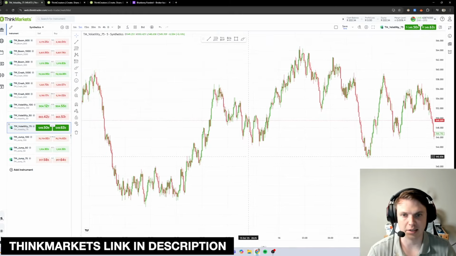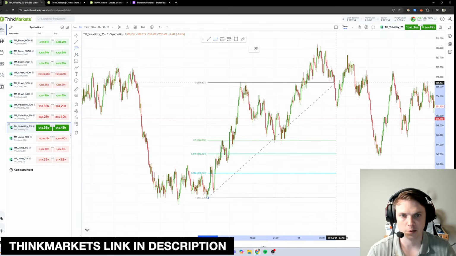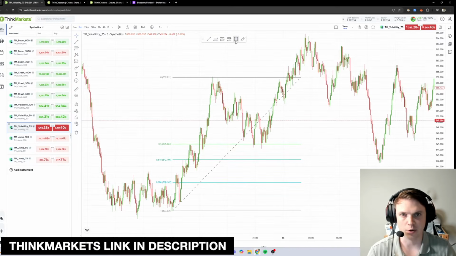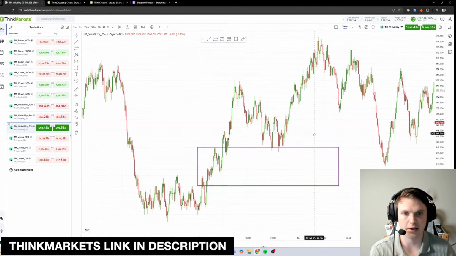So exactly the same thing you'll have to do again. So you can see we are bullish. It's moving down again over here. You take your fib from the bottom of this move to the top of that move over there, like that, and then you block it off again, the 78 to the 50, exactly the same as we do on the higher time frames.